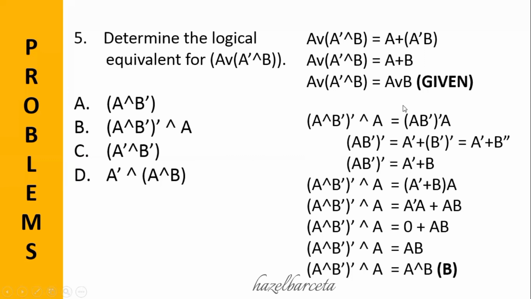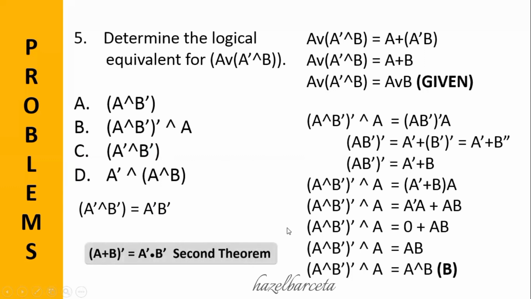Kabaliktaran po ng ating given dahil or po dito, ito naman ay AND. So let's go to letter C. A prime and B prime. So, ganito po ang ating papalitan natin ng multiplication times. We have this rule, De Morgan's second theorem, siyang siya.